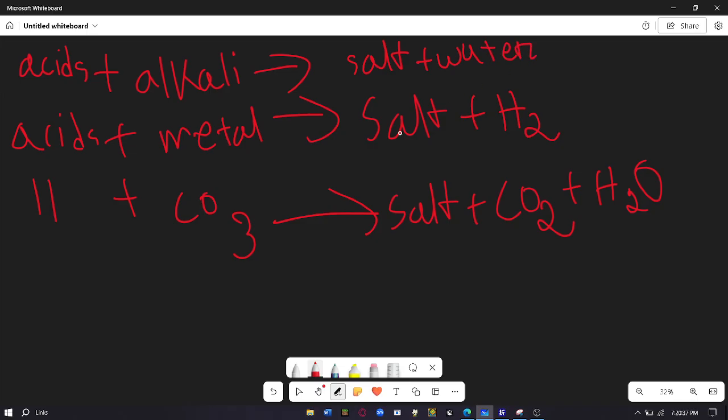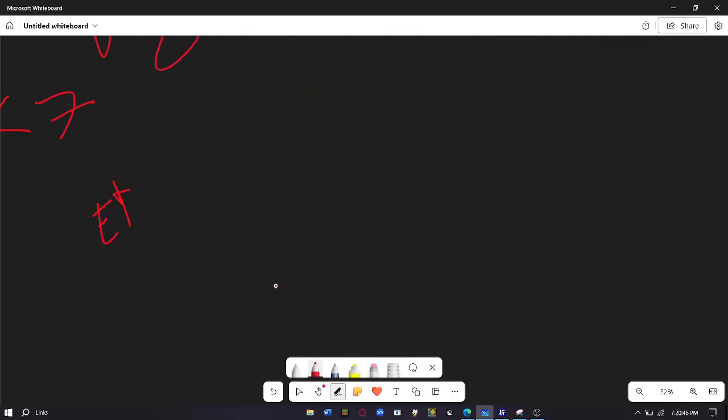Now that we're done with this, keep these in mind. Now we go into the next part of this chapter, which is about alkalis. Before we start alkalis, we need to know what a base is.